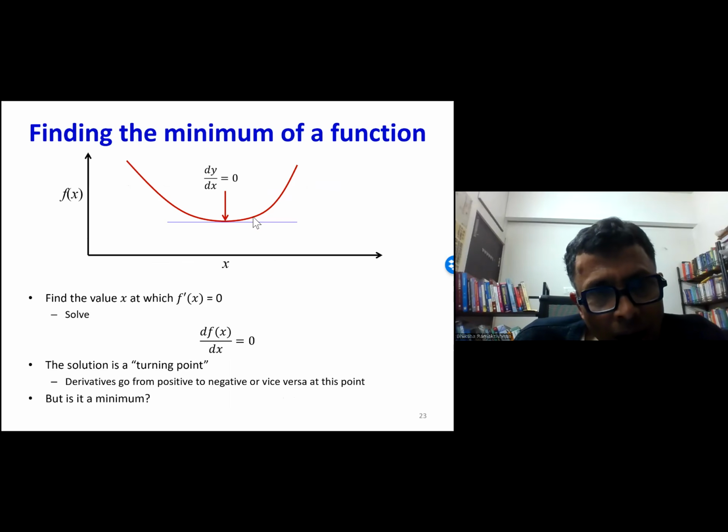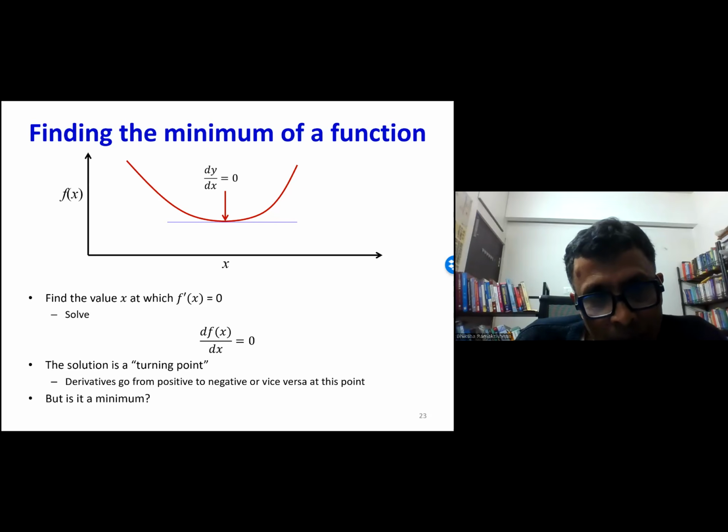Now, in the case of scalar functions, we know that at a minimum the function keeps decreasing and eventually flattens, and then it begins to increase. So the place where it flattens is where it's minimum.